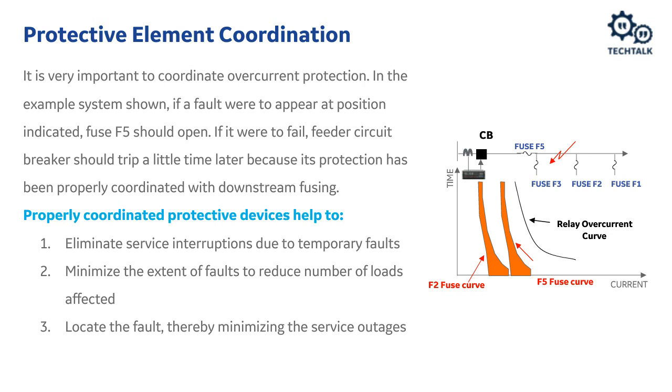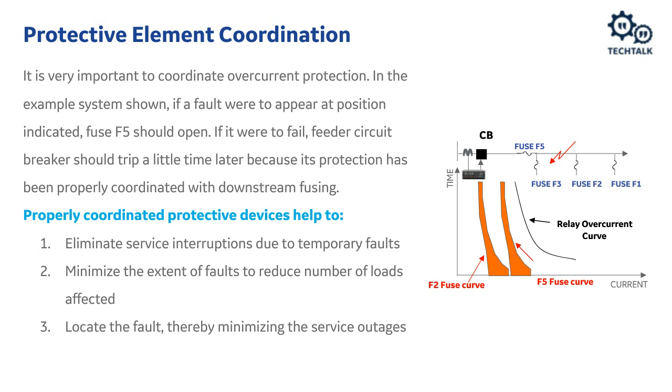Here's another example of coordination between fuses. Again, I want to make certain that the two fuses don't infringe on each other and that there is some time between them.